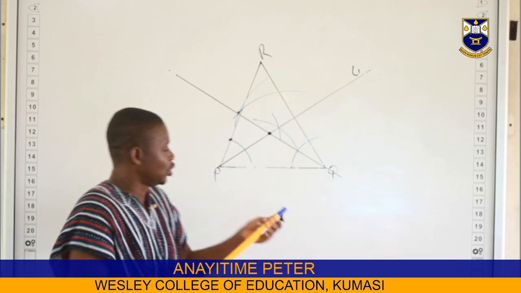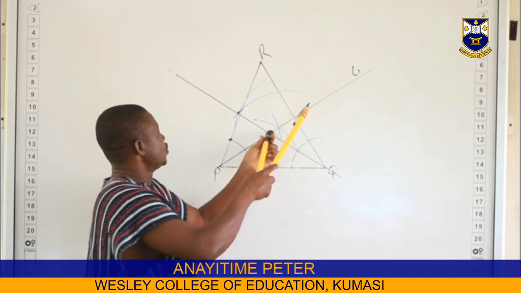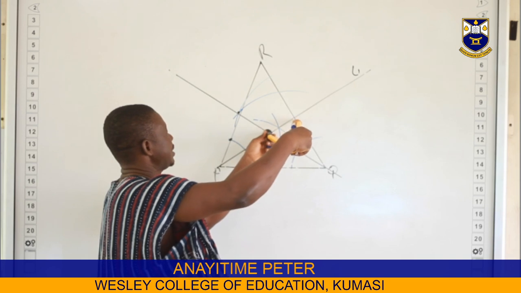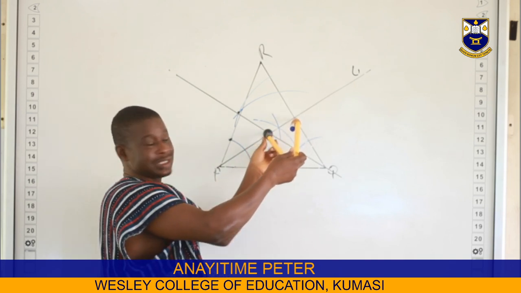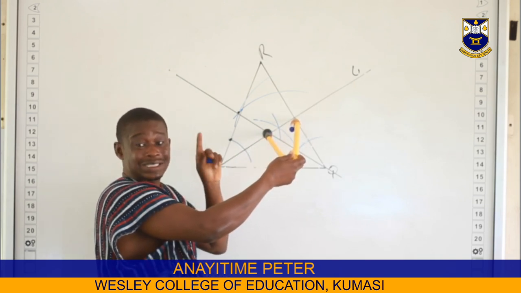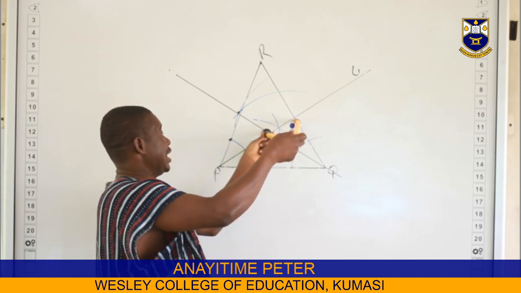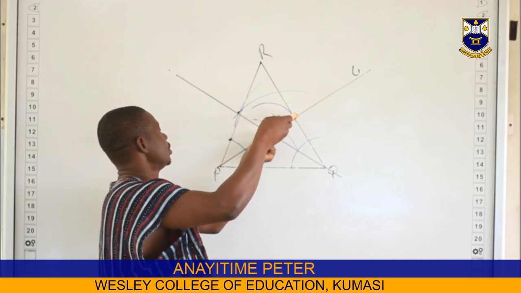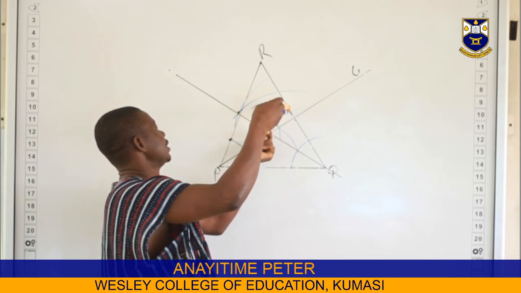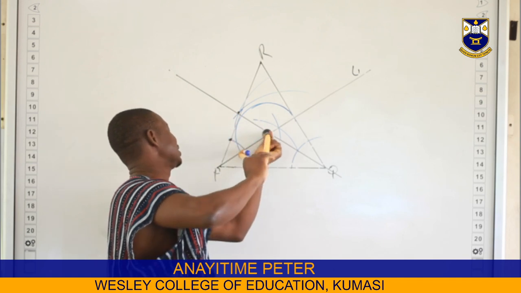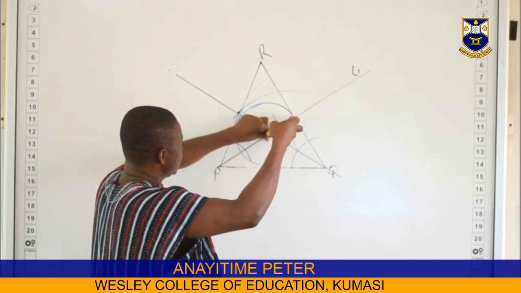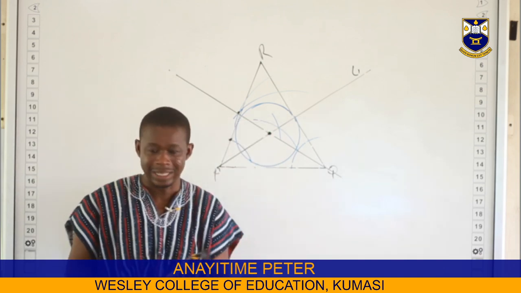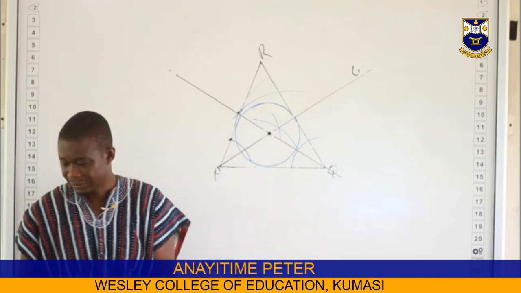Good. So we are going to put it here, open it to touch one side. Now, if you do it very well, when it touches one side, it will touch all the three sides. And with that as your center, you draw a circle. And this circle will touch all the three sides of the triangle.